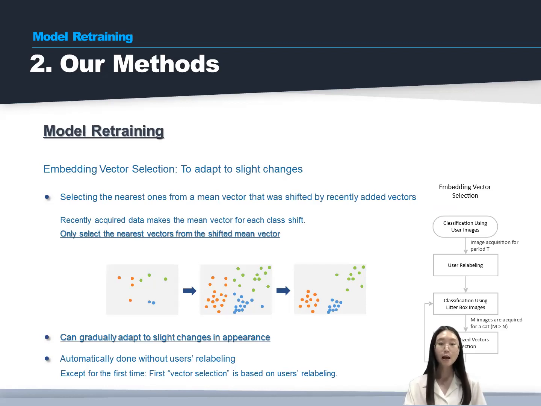In this process, the model can gradually adapt to slight changes in appearance. It is also automatically done without users relabeling, except for the first time. Only for the first time, the user is asked to label the class of each cat because the dataset is being changed from user registered to litter box acquired.